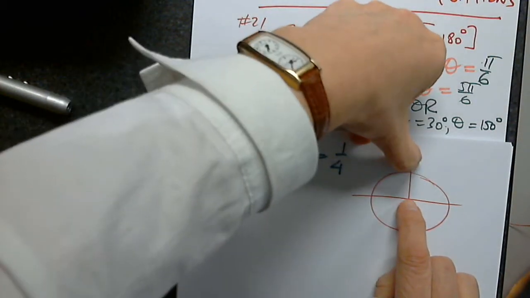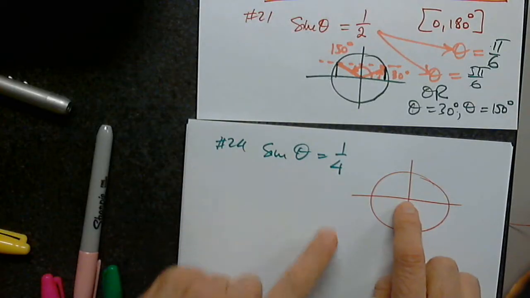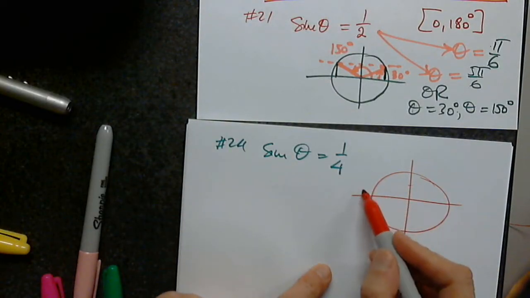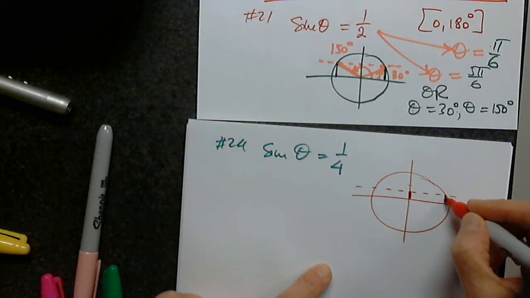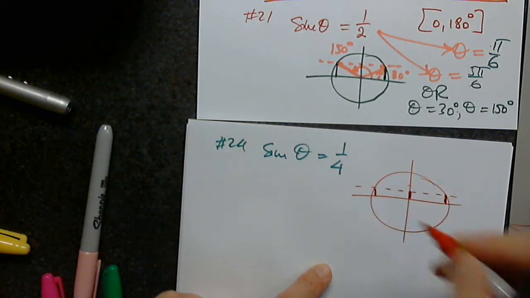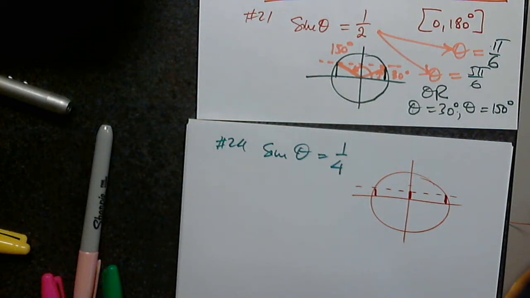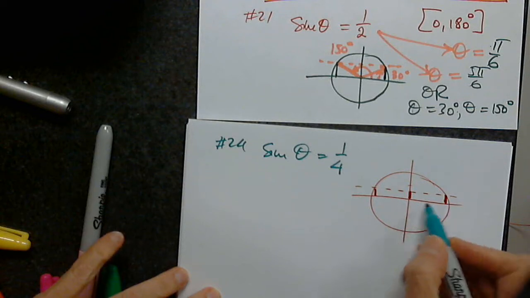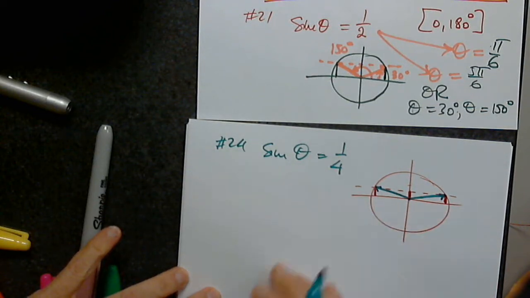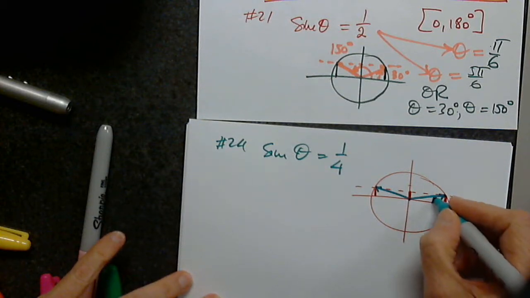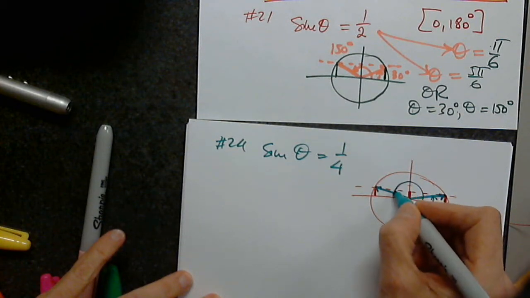What is this height? 1. But this is 1/4. So if this is 1/2, my 1/4 should be here. This piece is 1/4. One angle, both of them are in standard position. They both start here, but one ends here and the other one ends here. So first I will have to find this, and then I will find this.